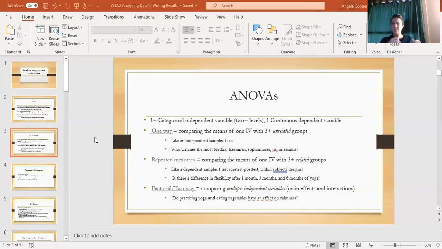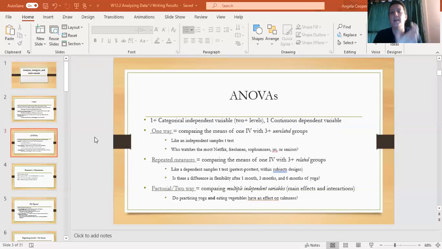So we can have a group of 100 participants being exposed to some type of treatment, maybe a diet, maybe like it says in this example here, maybe yoga, and we measure their well-being, their flexibility. We measure something at 1 month into this training regimen, 3 months in, and 6 months in.